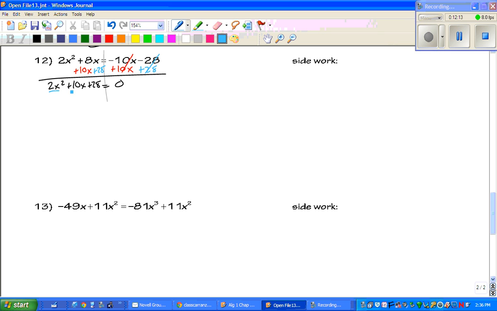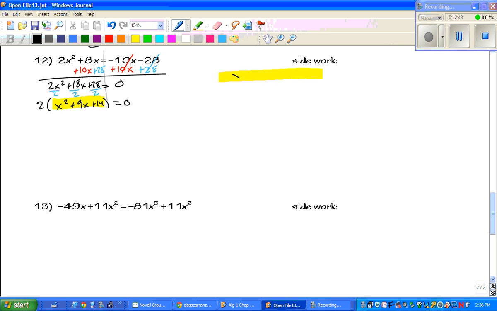So, is there a GCF? There is. We can factor out a 2. And we're left with x squared plus 5x plus 14 equal to 0. And that should not be 10x because I didn't add the 18. And 18 divided by 2 is 9. So always watch, make sure you are positive with what you're doing.